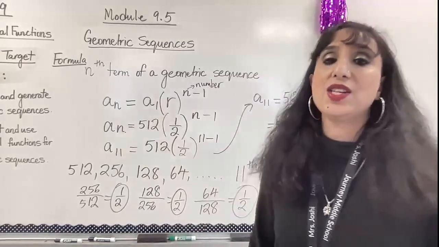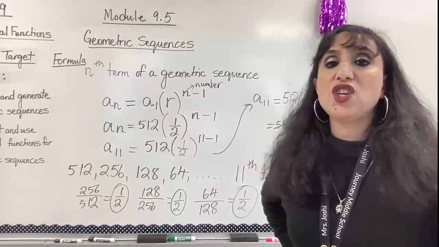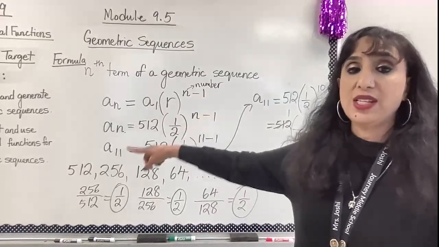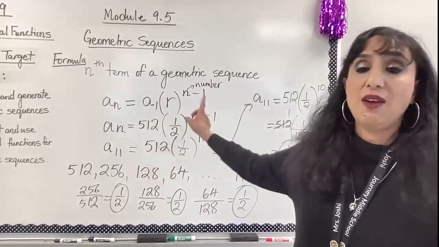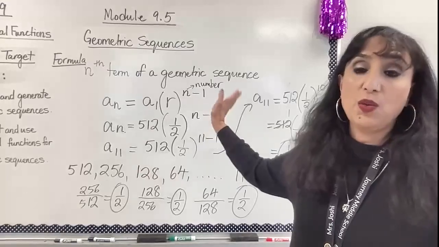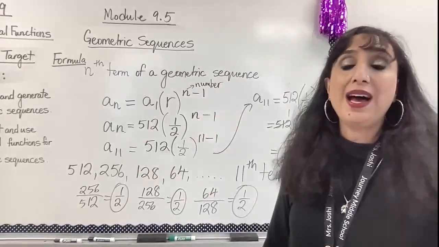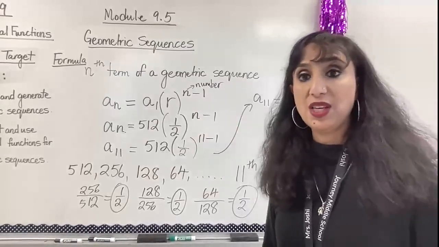Okay, and then of course the exponential power for this is n minus 1. So whichever term you're trying to find, for example in this it was the 11th one, I would do 11 minus 1. If it is the 25th one, I would do 25 minus 1. So that's how I just substitute those values in there.